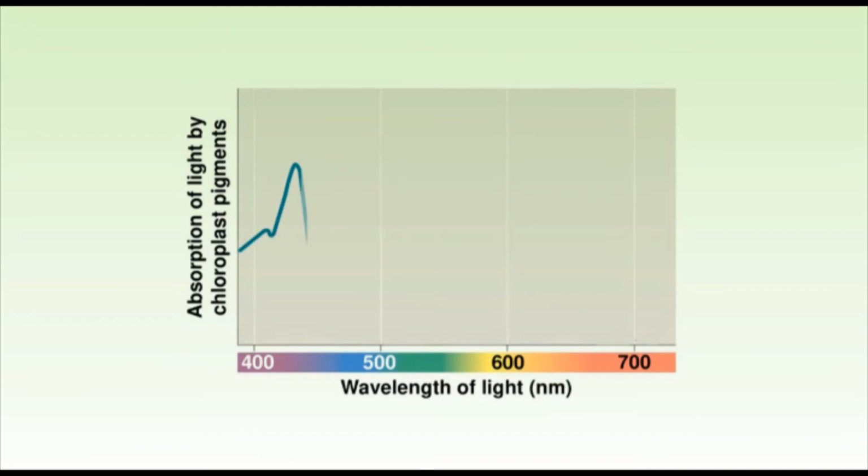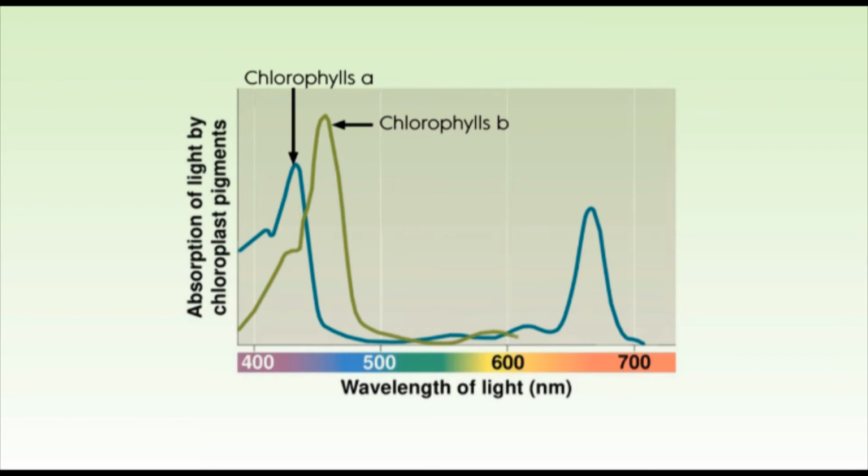Let's look at the absorption of visible light by photopigments. Plants are green because their pigments absorb light from the red and blue regions of the spectrum, leaving primarily green light to be reflected or transmitted. Let us observe and compare the absorption spectra of the pigments with the spectrum of sunlight reaching the Earth's surface. The combination of chlorophylls, that is A and B, and accessory pigments enables plants to harvest most of the energy available in sunlight.